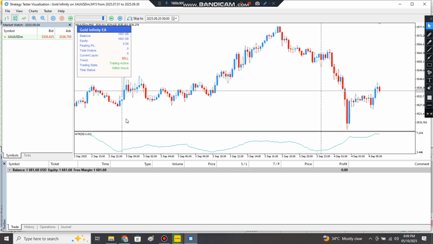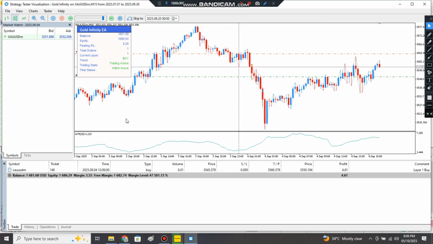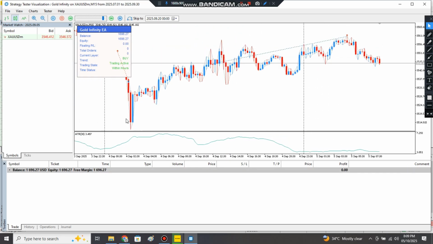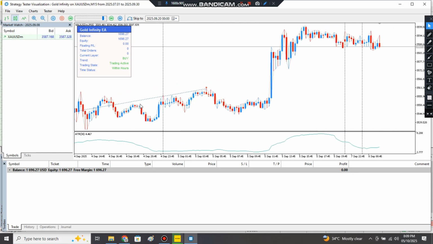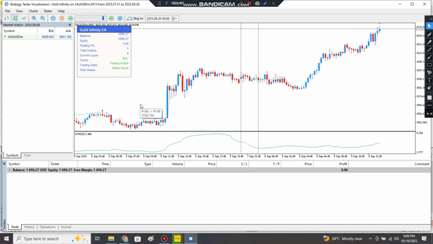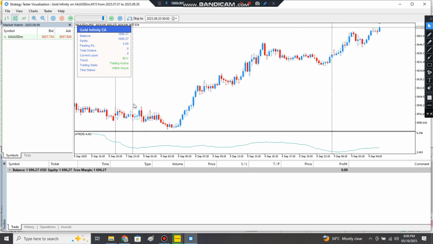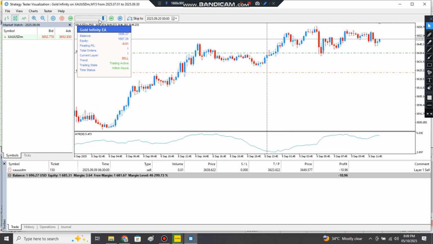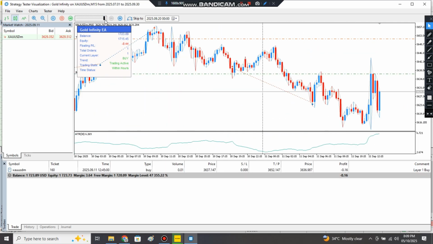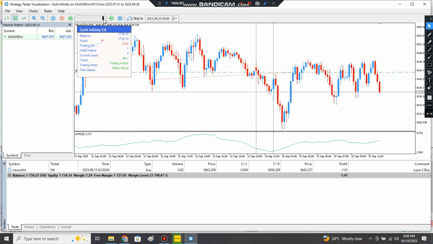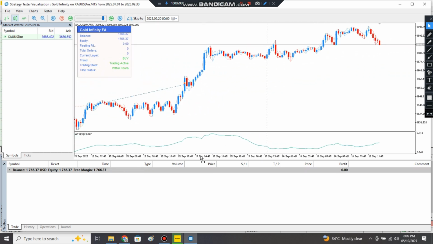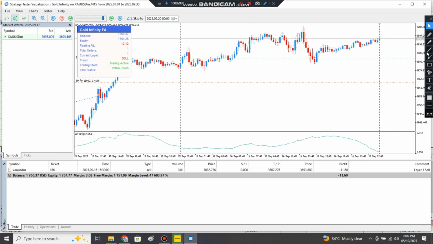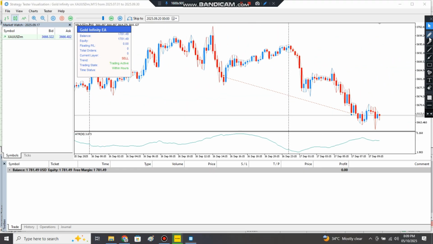As you can see here on the chart, Gold Infinity is smoothly opening and closing trades as the market moves. There's no need for manual intervention. Every trade is calculated based on live market data. The EA uses a combination of EMA trend confirmation, price action filters, and intelligent trailing to maximize profits while reducing drawdown.